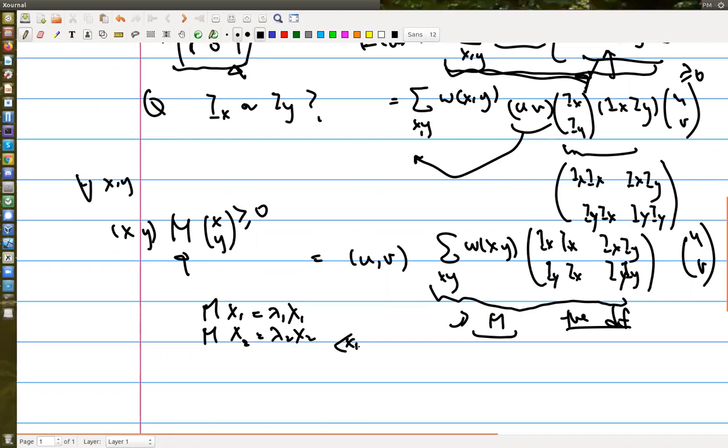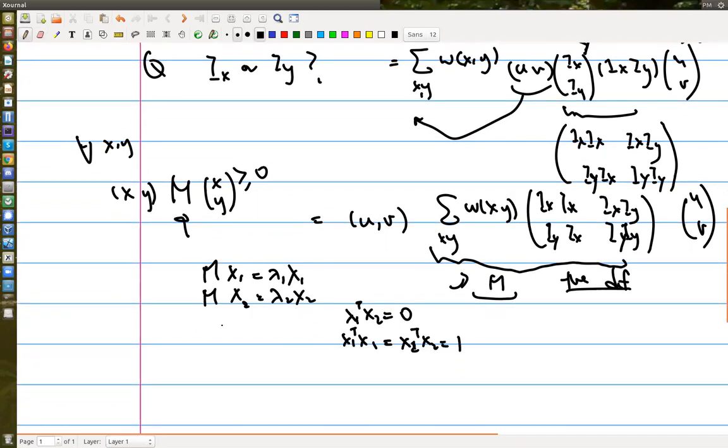So basically, x1 transpose x2 is equal to 0, and also x1 transpose x1 and x2 transpose x2 are equal to 1. Therefore, if I rearrange that, I have M[x1, x2] equal to [x1, x2] times diagonal of lambda 1, lambda 2.